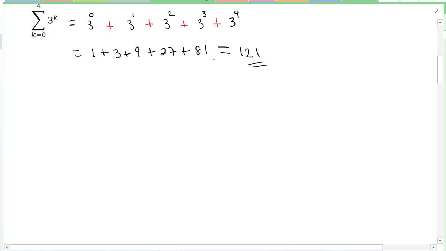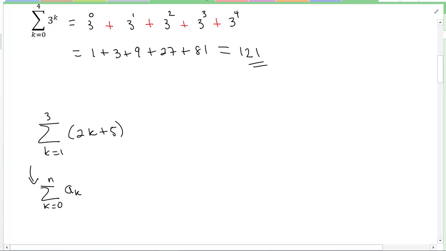So let's try another example. Say I want you to find the summation k equals 1 to 3 of, now my sequence is changing, 2k plus 5. So oftentimes you'll see a general summation, something like k equals 0 to n of a sub k.